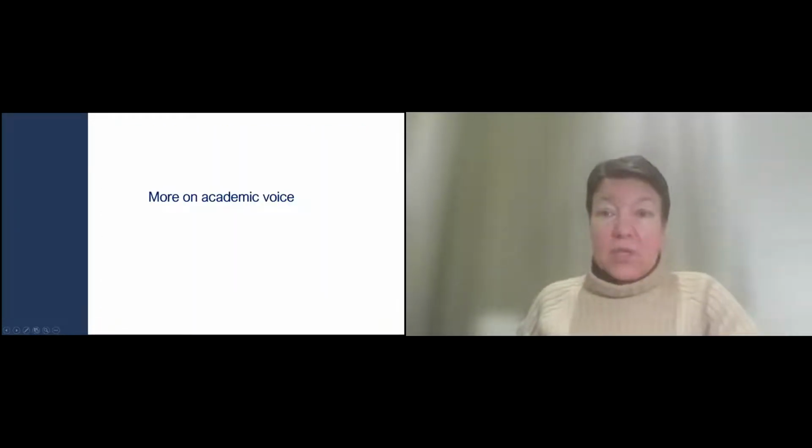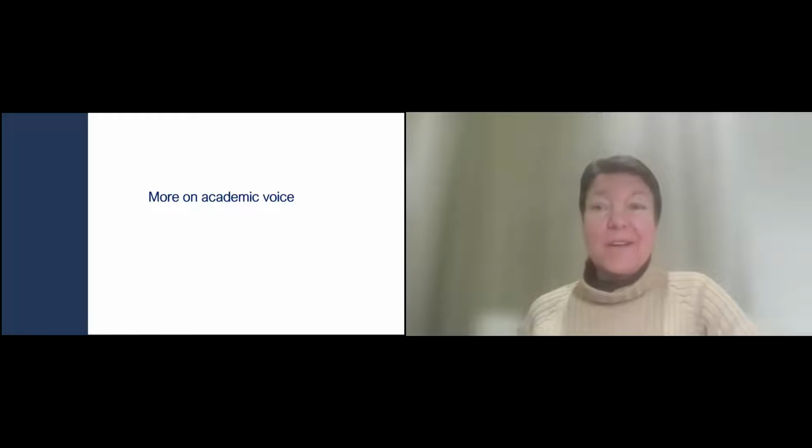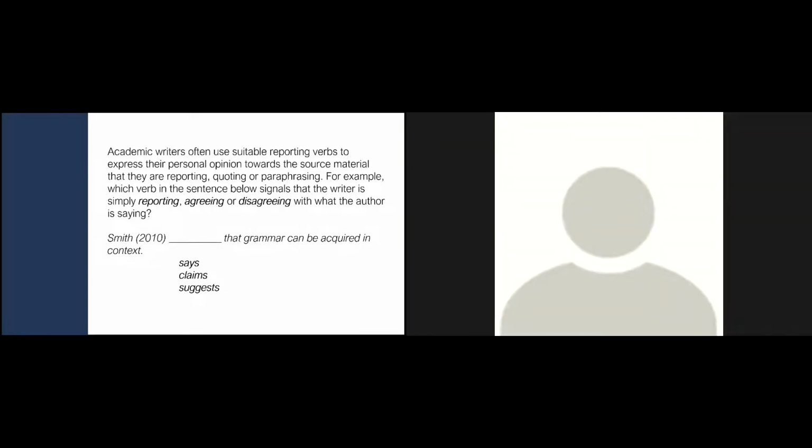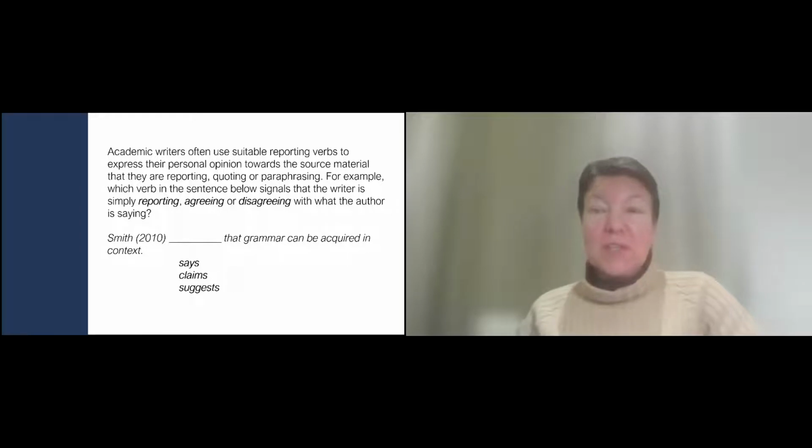I believe there were some questions about ways to express your opinion in a formal type of writing, in academic writing. So we have added some materials on academic voice, how to express your academic voice. And again, you can use the chat window, or you can unmute yourself and just volunteer the answer to my question.